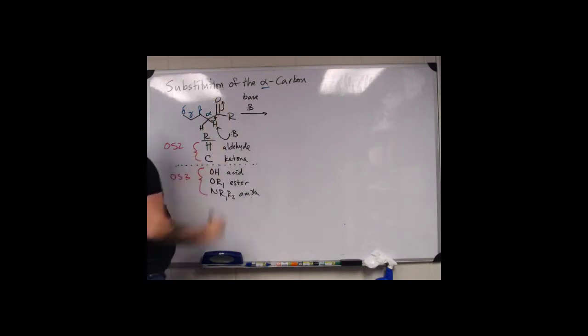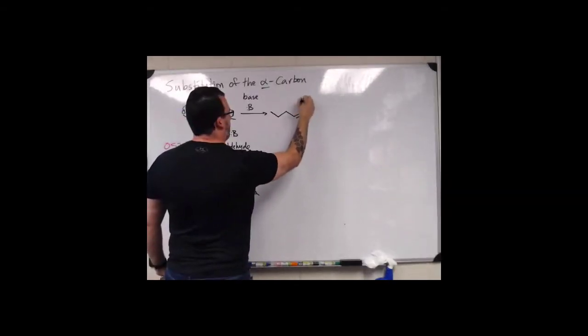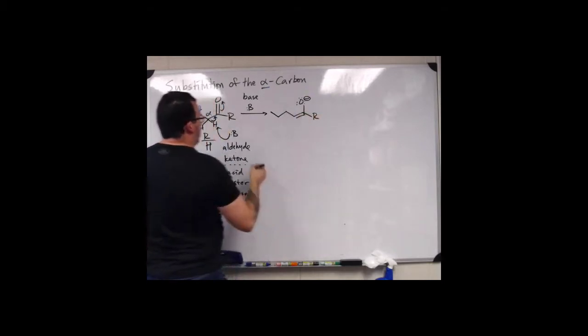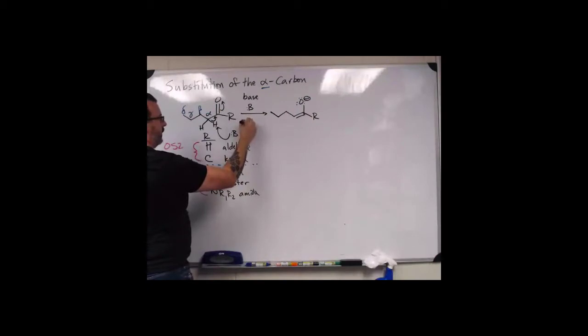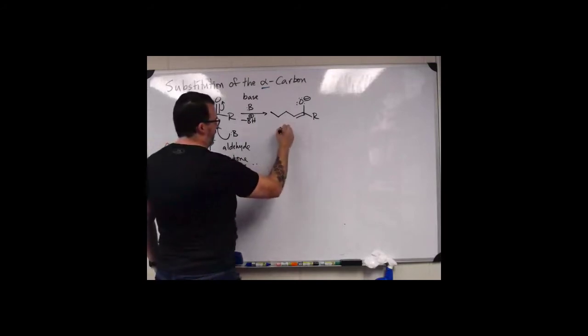I'm going to push arrows like that to show the lone pair being delocalized onto the oxygen. So in this process, we lose the conjugate acid of that base. And the formation of this thing is called an enolate.